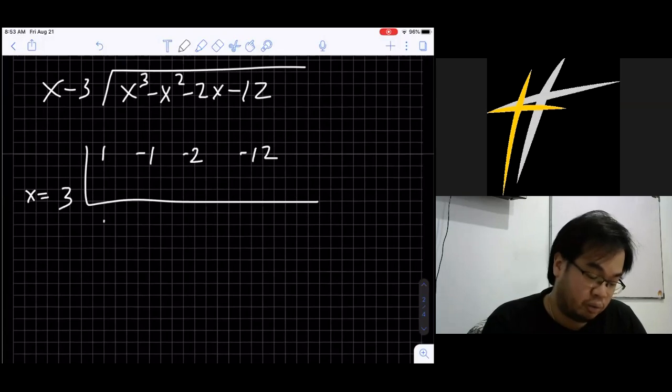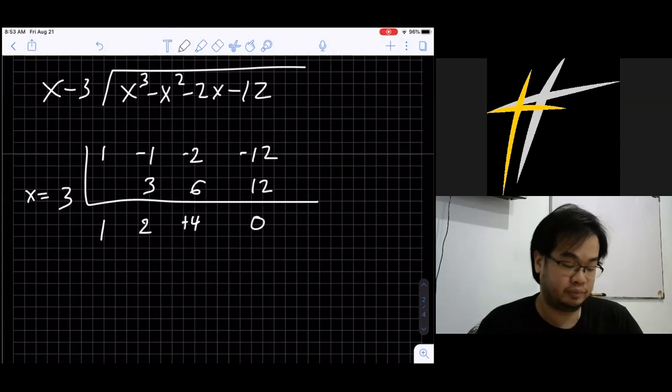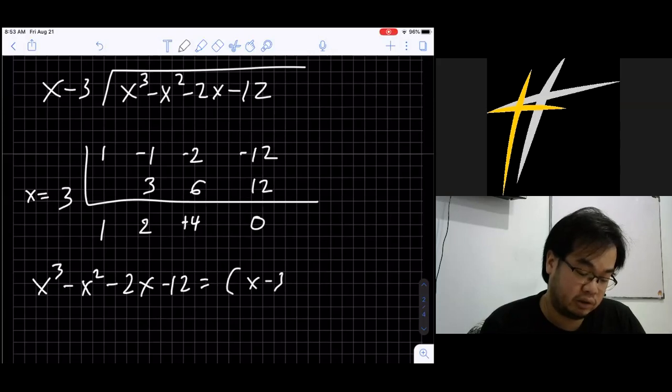So we bring down the 1, multiply by 3, put it here, addition: 2, 6, negative 4, positive 4, 12, 0. So basically, x cubed minus x squared minus 2x minus 12 is equal to (x minus 3) times (x squared plus 2x plus 4).